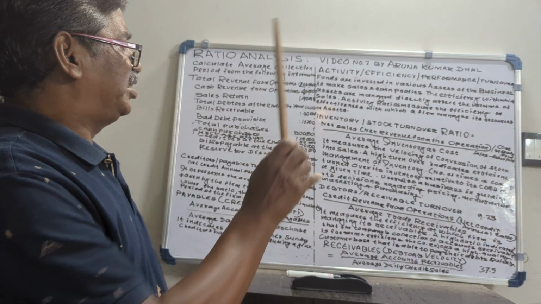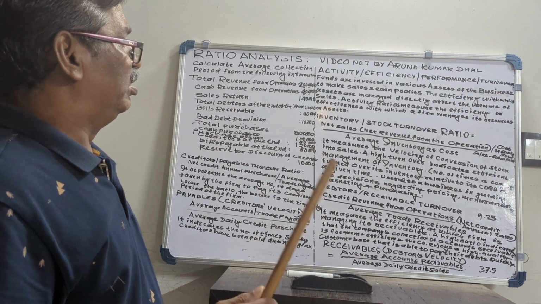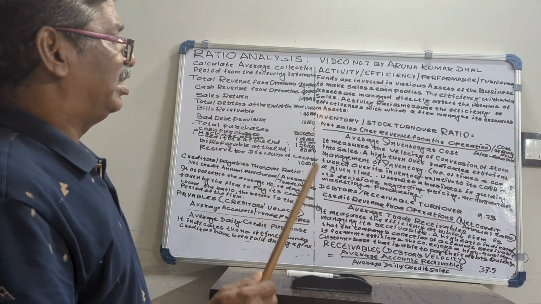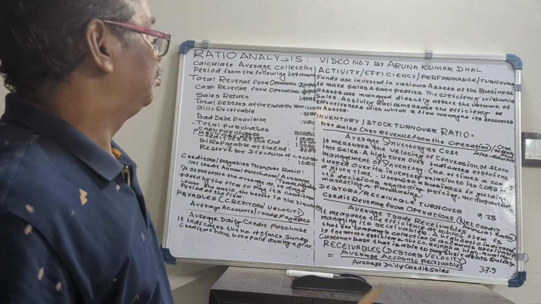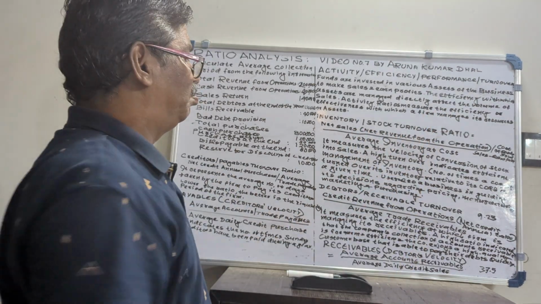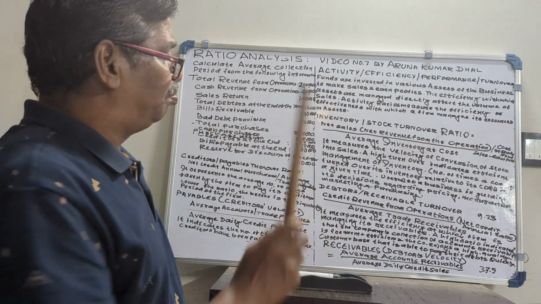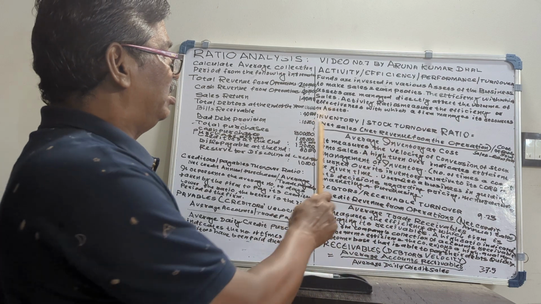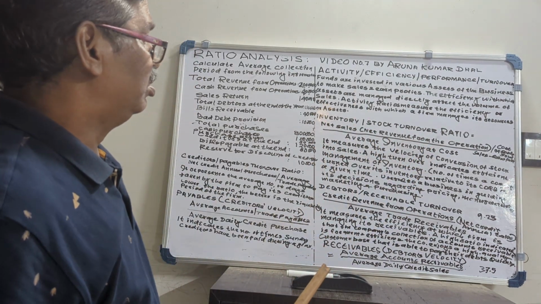Suppose total sales is given and cash sales is given, we will calculate the net sales, that is sales minus sales return, or it is known as net revenue from the operation, divided by average inventory at cost. That means opening stock of inventory plus closing stock of inventory divided by 2 will give average inventory at cost.